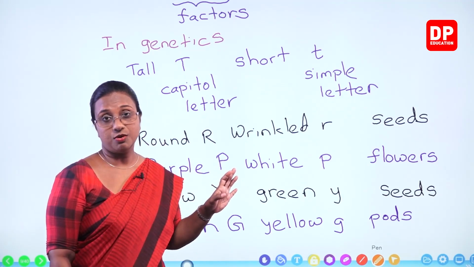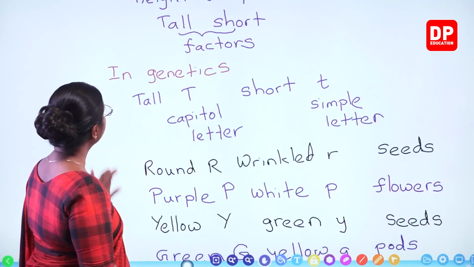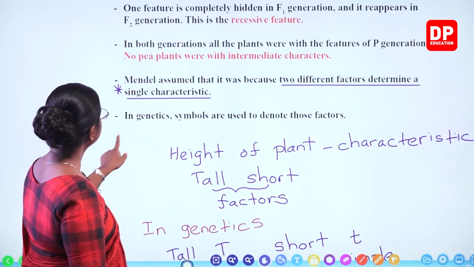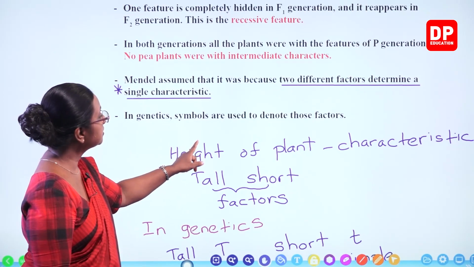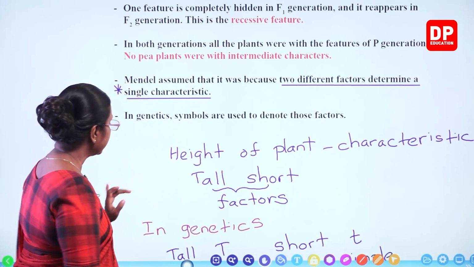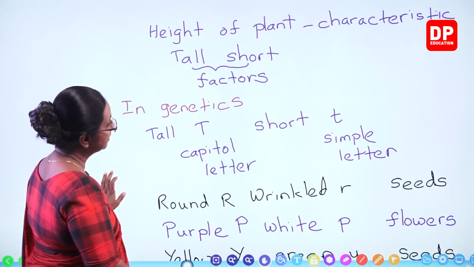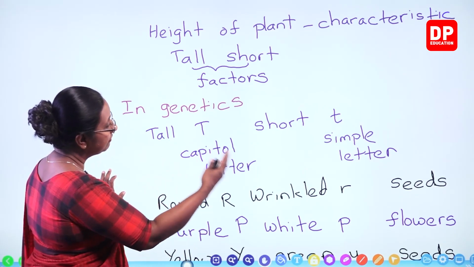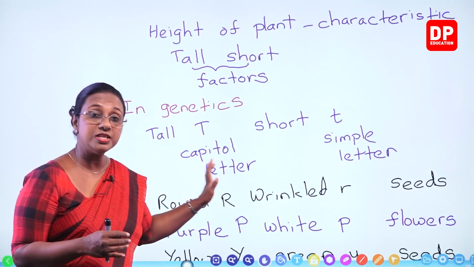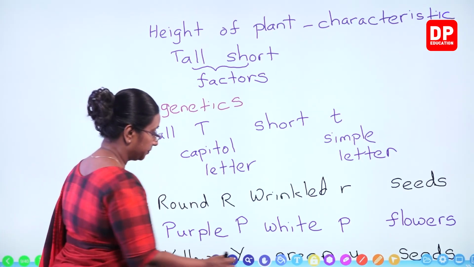Is that clear to you all? So if I go back, here you can see in genetics, symbols are used to denote those factors. We will now see how we can use these symbols to explain the characteristics.